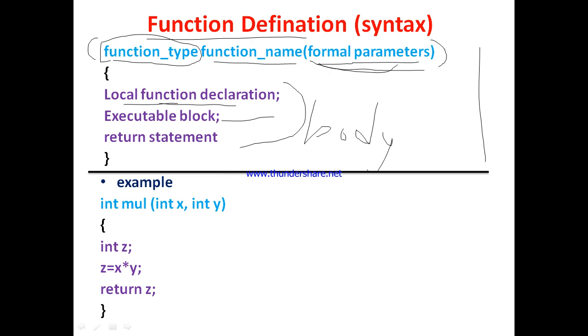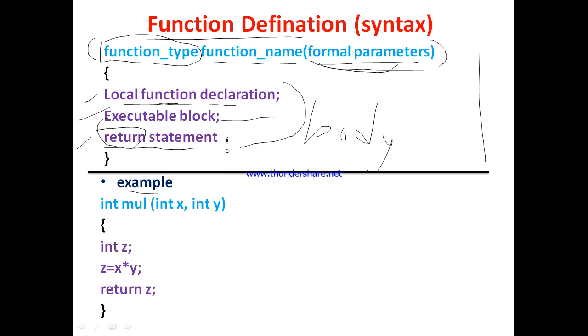Then after execution, whatever result we have to return is written using the return statement, and a semicolon must be there. So the function body has three parts: local declaration, executable block, and a return statement.